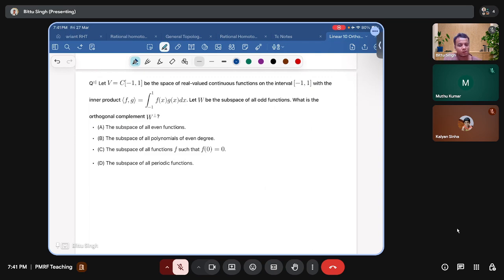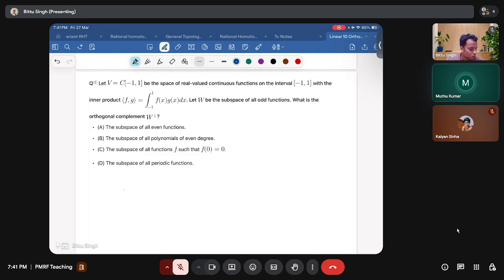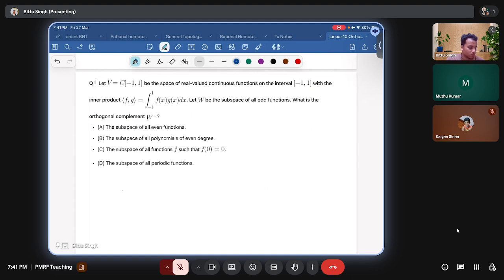Can you guess what the orthogonal complement of this W will be? All even functions. Yes, and this is the correct answer.